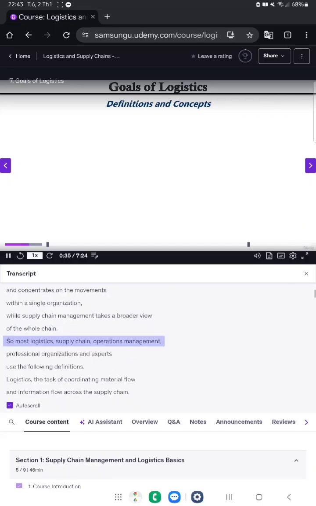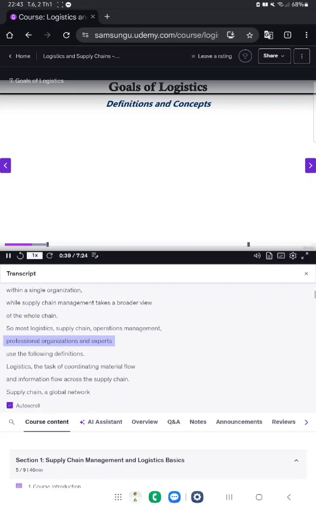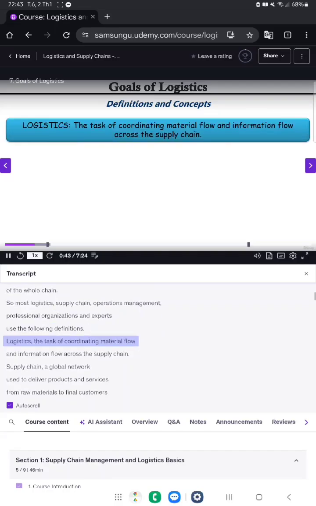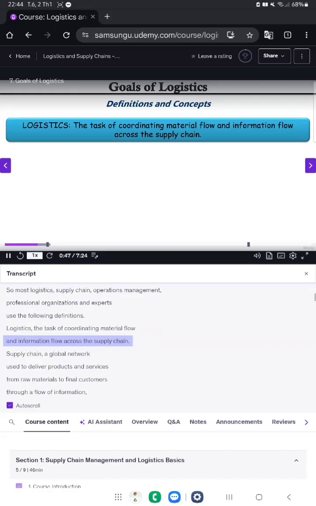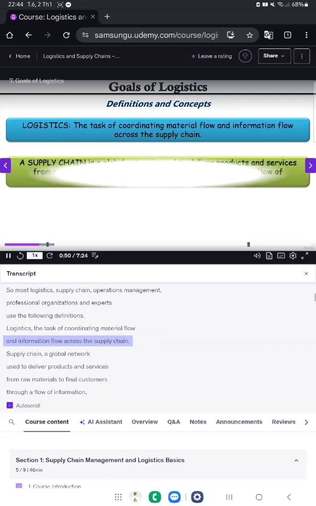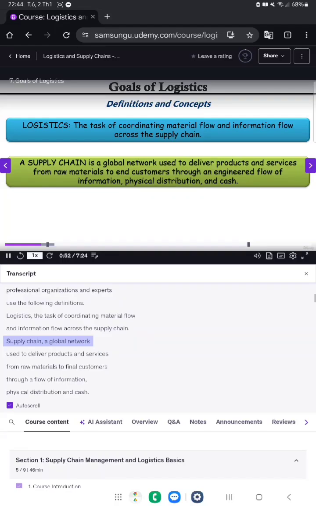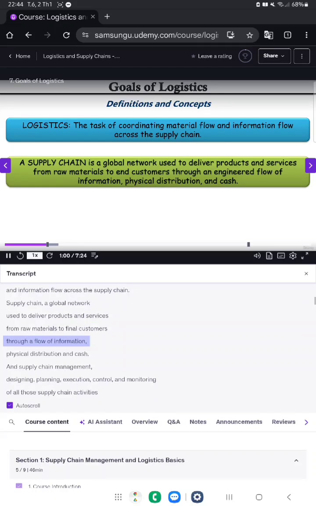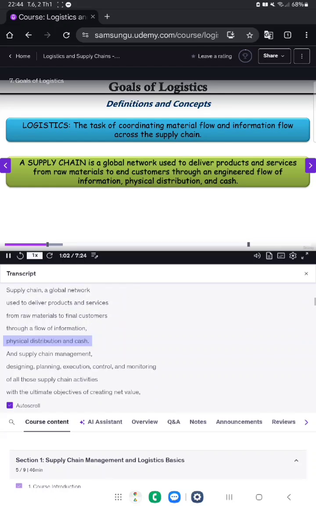So most logistics and supply chain operations management professional organizations and experts give the following definitions. Logistics: the task of coordinating material flow and information flow across the supply chain. Supply chain: a global network used to deliver products and services from raw materials to final customers through a flow of information, physical distribution and cash.